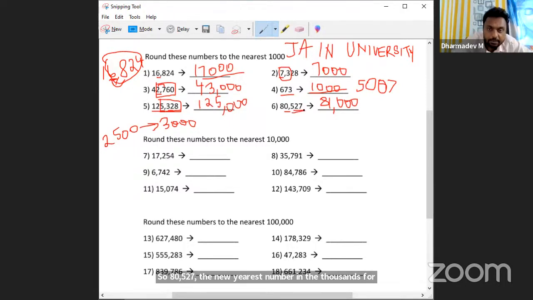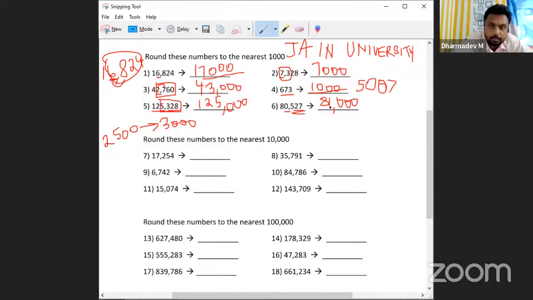So it's 527 more than 500. So it will be 81,000. Are you clear with that?